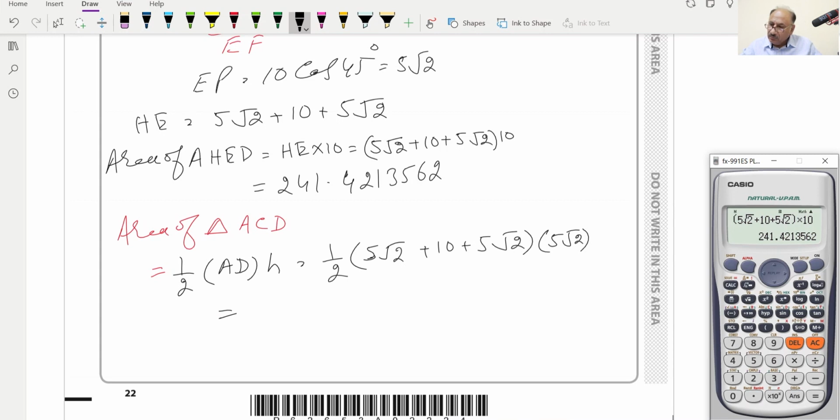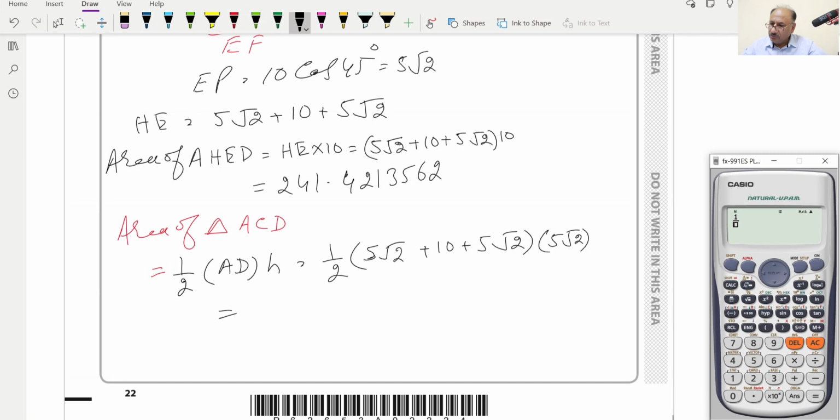We have this already written, but we have to change it with the multiplication by 5 root 2, and this will give us 170. We have not divided, so we have to divide this by 2, which gives 85. Actually, I will recalculate this so that everything is fine.